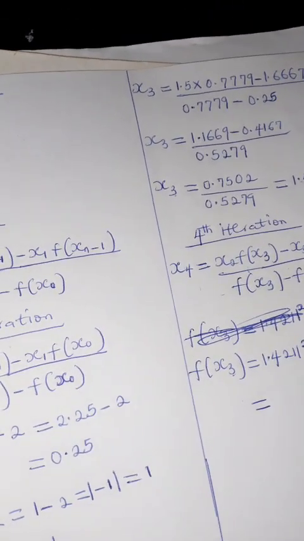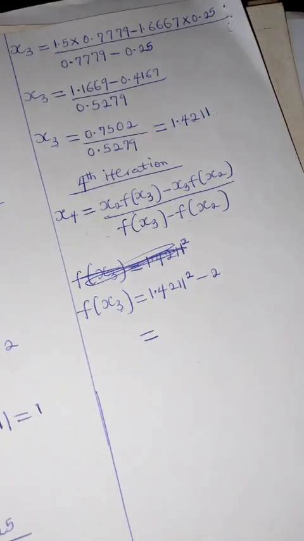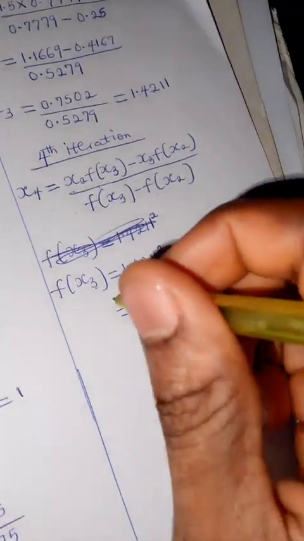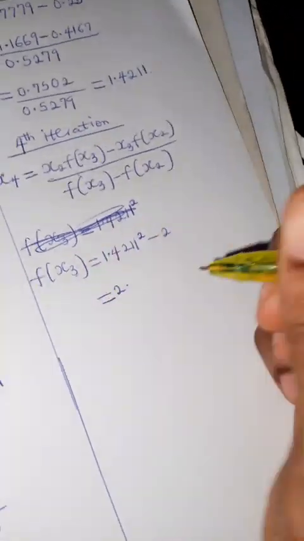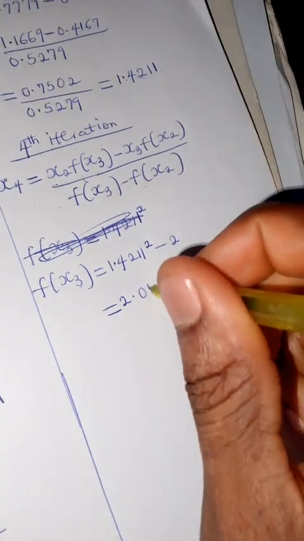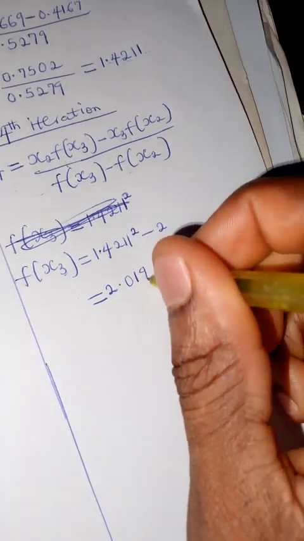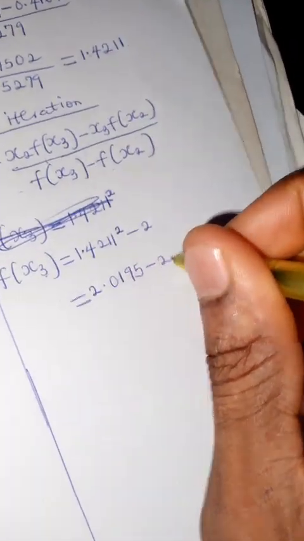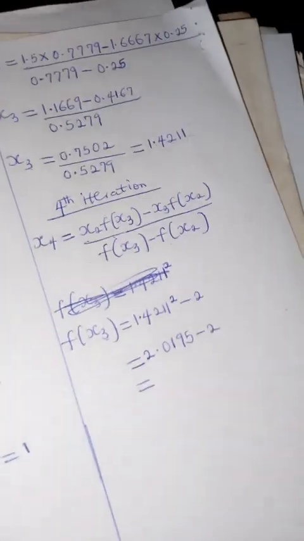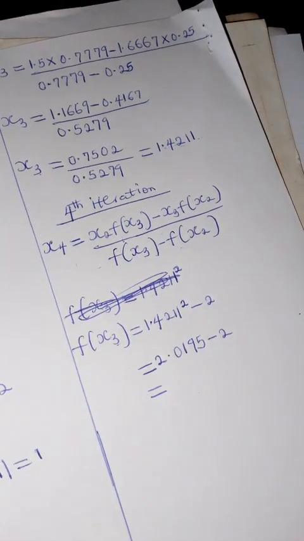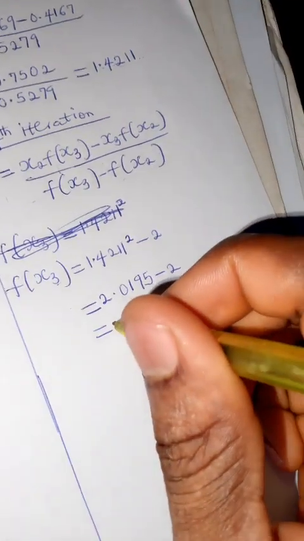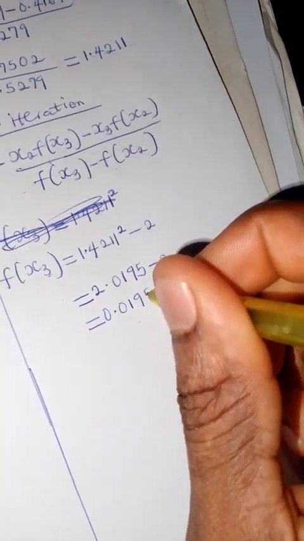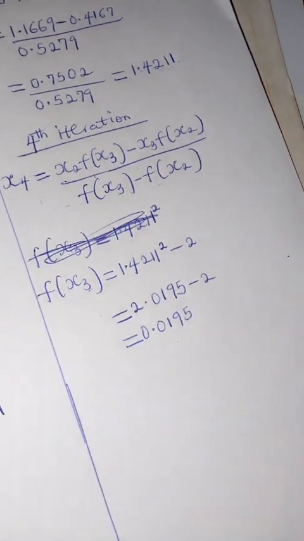If we take the square root of 1.4211, I'm going to have 2.0195 minus 2. If we deduct 2 out of it, we have 0.0195. This is our f of x3.